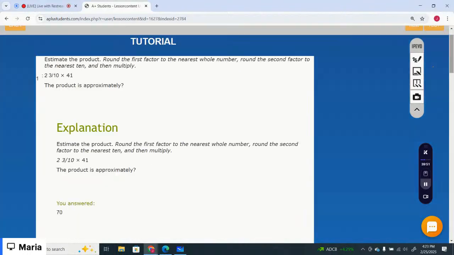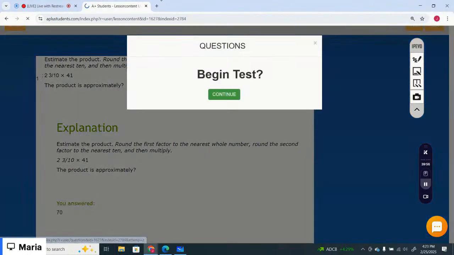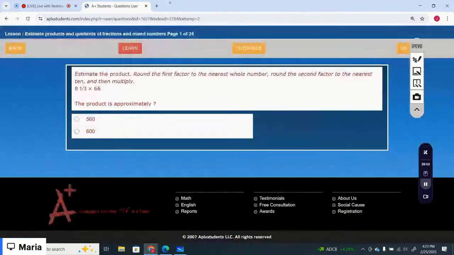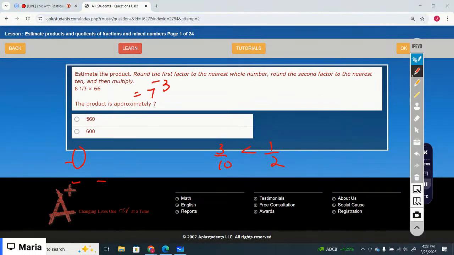Let's start with the practice questions. Eight whole 1 by 3 times 66. That is 8 whole 1 over 3. The fractional part is 1 by 3, that is less than half. So it would be rounded up.